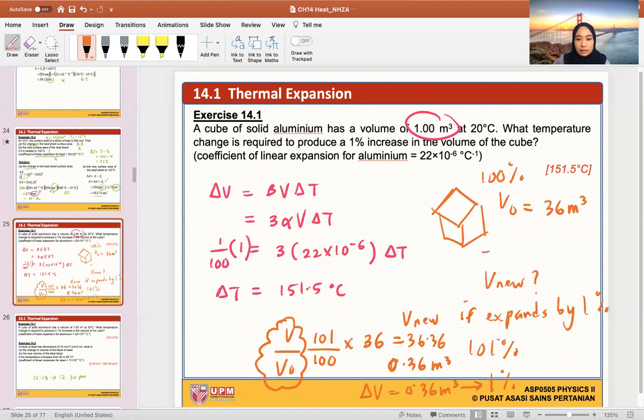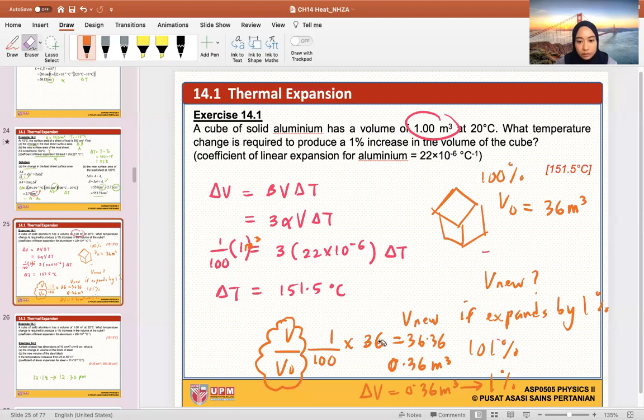Sekarang ni benda ni ada meter cube, tapi jawapan Reda tak ada meter cube sebab dia tak darab dengan 1 meter cube kat sini. Jawapan dia betul dah. So, boleh tak saya nak dapat benda yang sama kalau saya tak pakai 101 bahagi 100 ni? Boleh. Saya buat macam ni je.